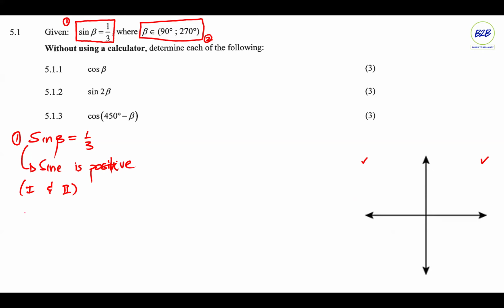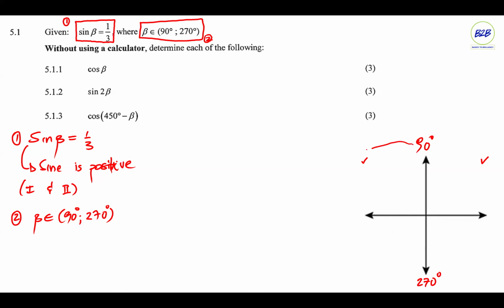And then we take the second piece of information, which is beta ranges from 90 degrees all the way to 270 degrees. So where is 90 degrees and also where is 270 degrees?